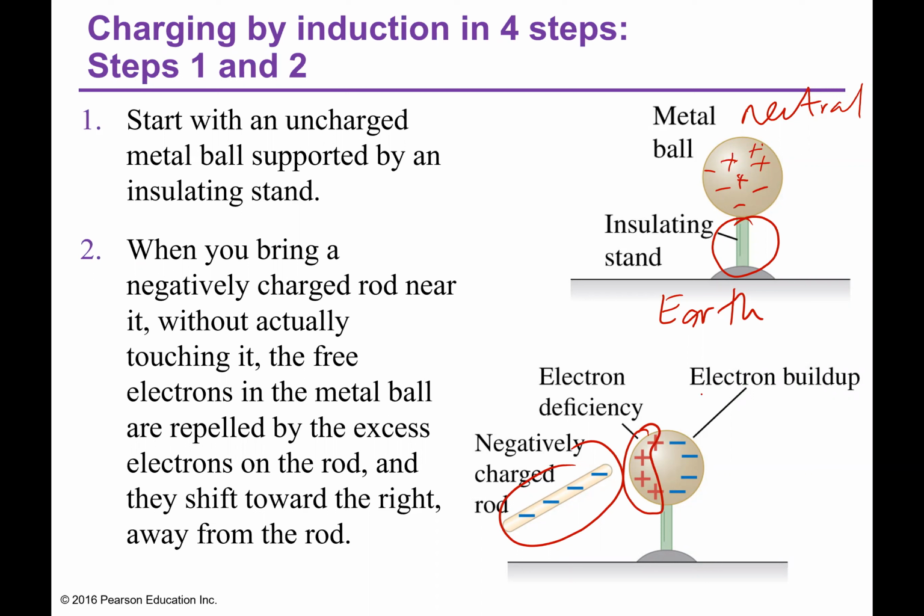All the negative ones in the ball will be repelled by the charged rod, so they're pushed as far as they can, accumulating at the other end. So we separate those charges inside the ball. Inside the metal ball, the left side is all positive, the right side is all negative, because negatives have nowhere else to go. That's the furthest they can be pushed by the rod.